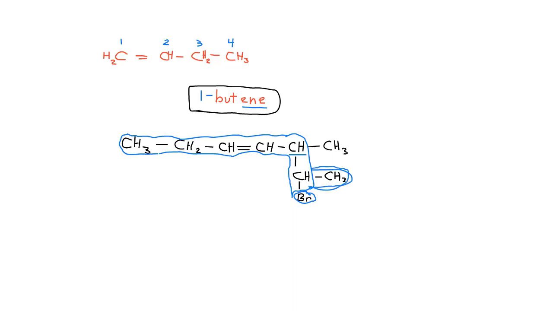Yeah, there you go. So that's part of the longest chain. All right, cool. So which side am I going to start numbering from? Teresa says the right. What's the first level of priority?